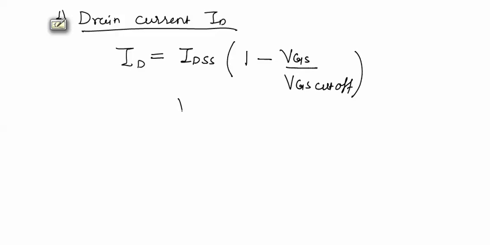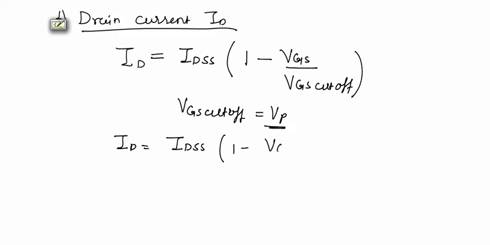This VGS cutoff is sometimes written as pinch off voltage VP. So drain current ID can be written as ID equal to IDSS into 1 minus VGS upon VP, sorry, whole square.